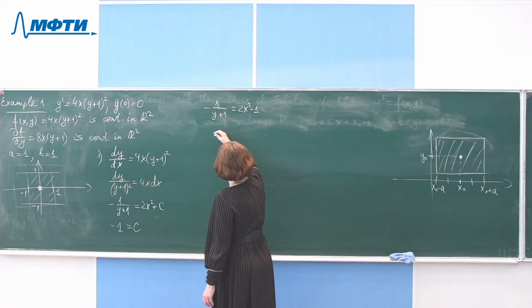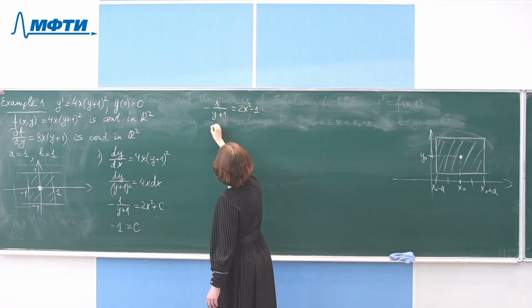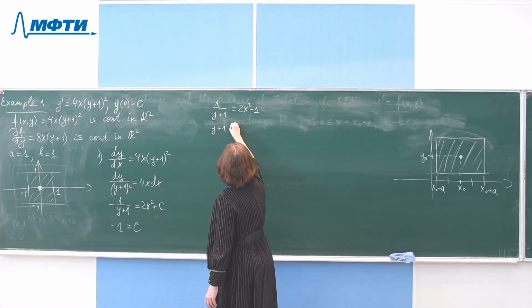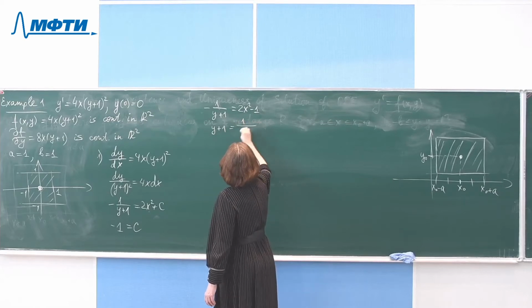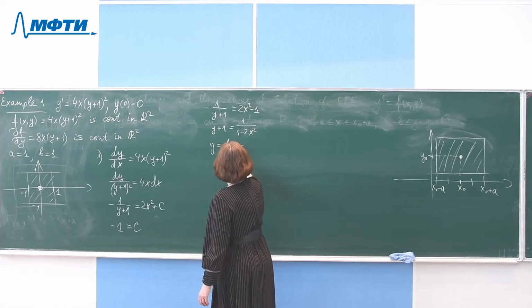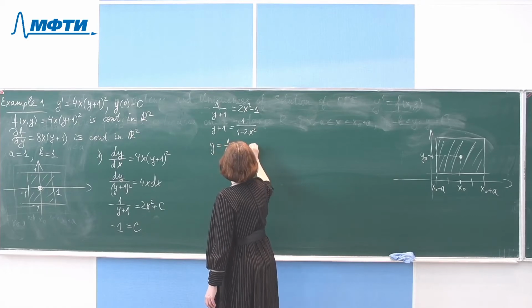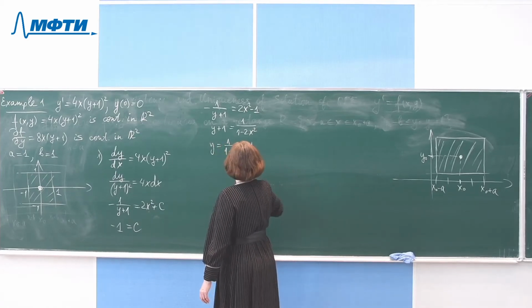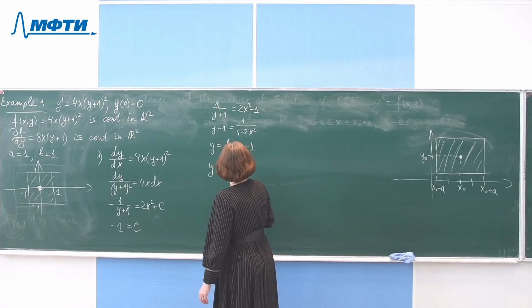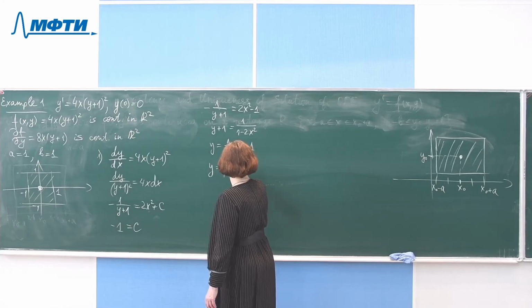Then invert this equation and we will get y plus 1 equals 1 over (1 minus 2x squared), and y equals 1 over (1 minus 2x squared) minus 1. It will be 2x squared over (1 minus 2x squared). So this is our solution.